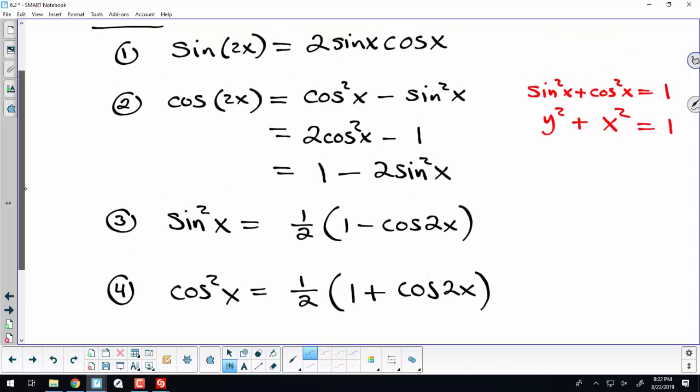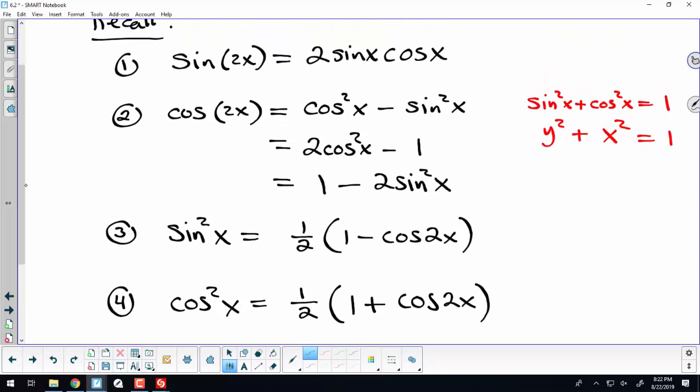The first two are primarily involved when you have to solve trig equations. The sine squared and cosine squared identities are involved for finding the antiderivative of sine squared and cosine squared.